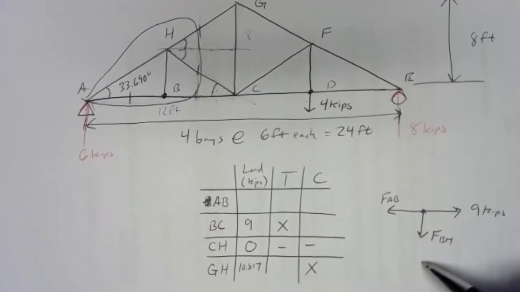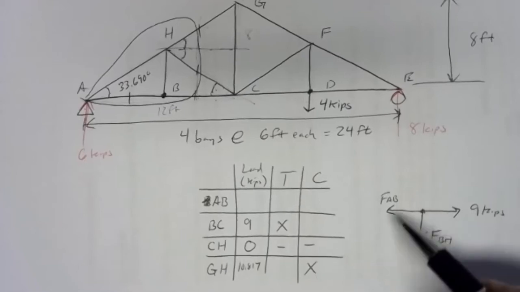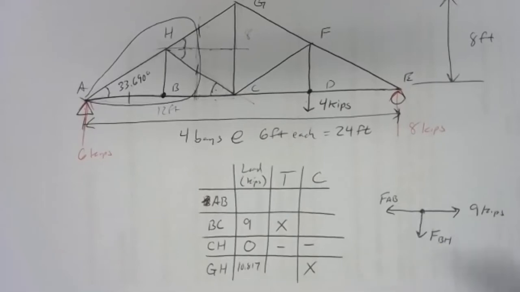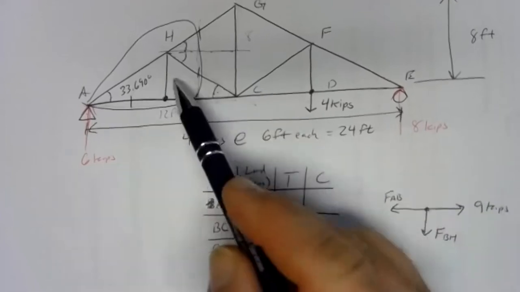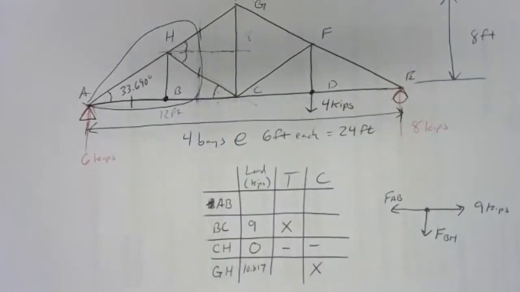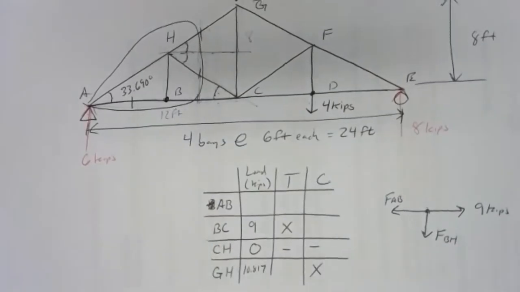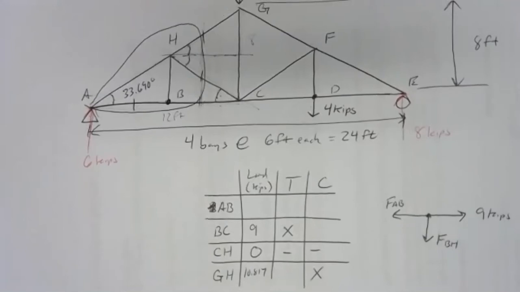It's going to be dynamic. It's going to move. The only way this could look like equilibrium is if FBH is 0. Since FBH is the only y direction force, it must be 0 to be in equilibrium. So member BH is also unloaded in this particular truss.